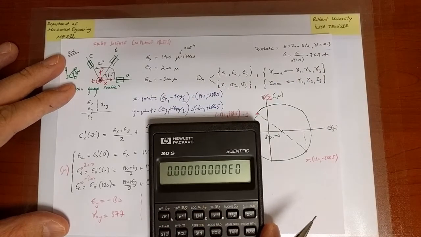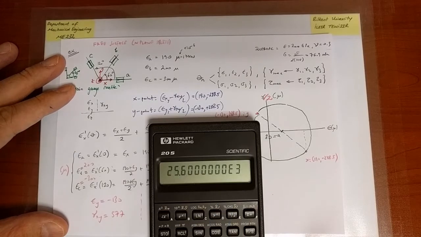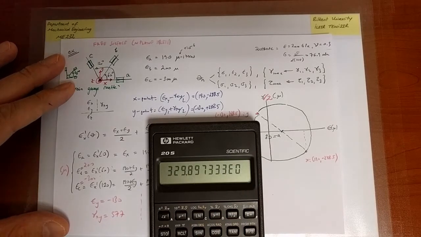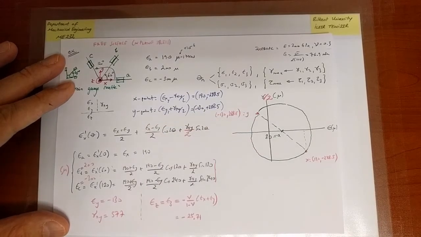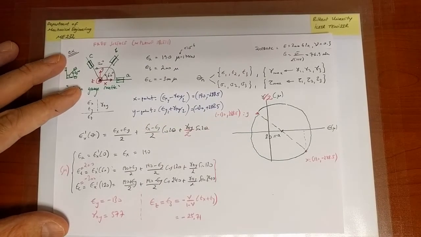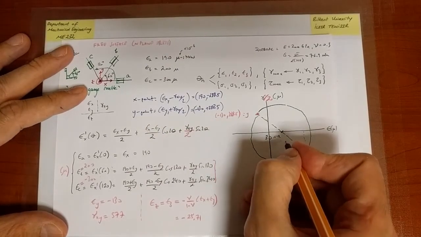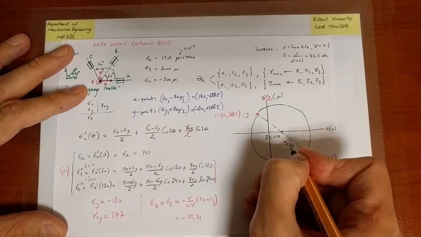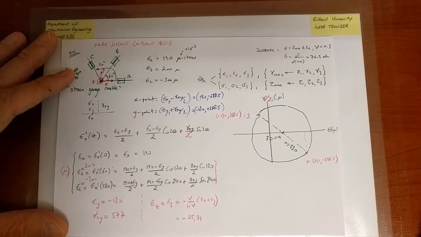It is 190 minus 30, so that's 160 squared, plus 288.5 squared, square root, so the radius is approximately 330 microstrains, right?